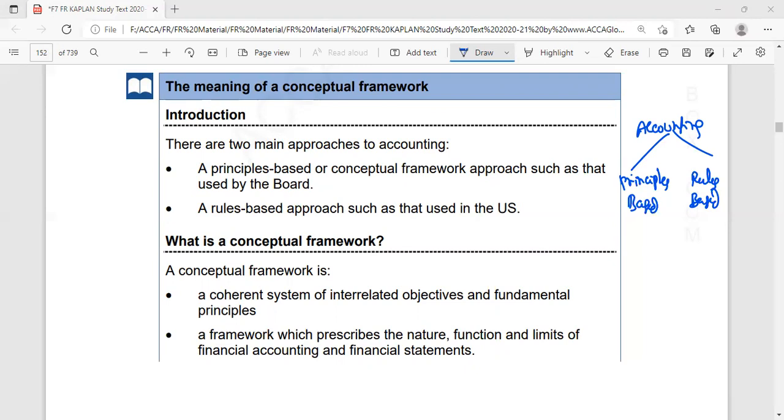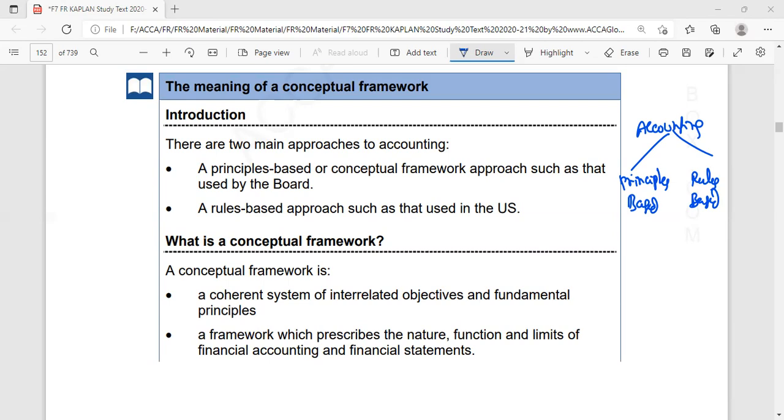In case of rules-based accounting, they frame a set of rules which are required to be followed by the accountant while preparing the financial statements. He has to comply with those rules only. But in case of the principles-based approach, they want to standardize the total formats of the financial statements and create some guidelines for their preparation.